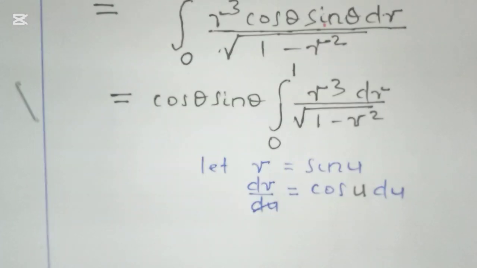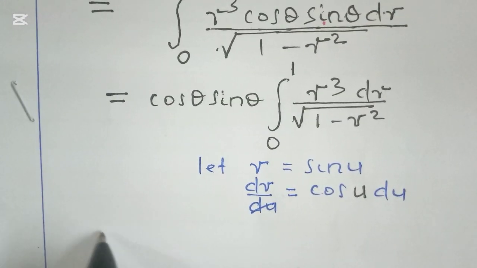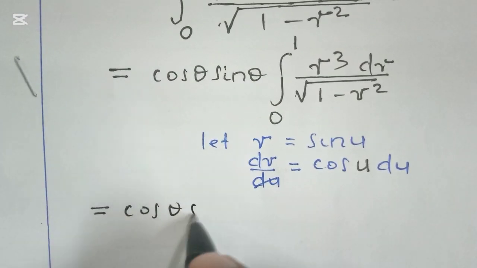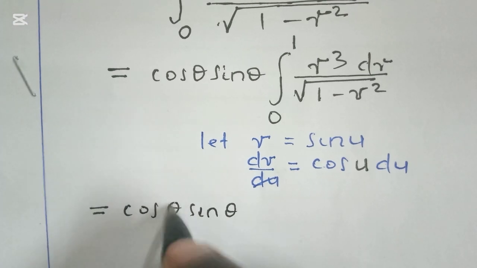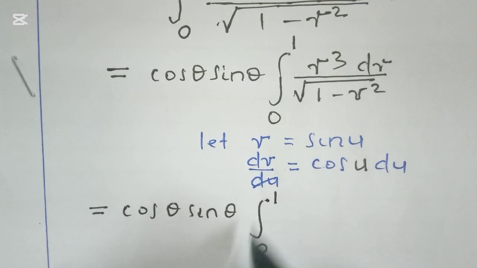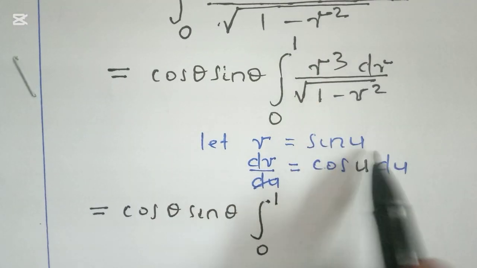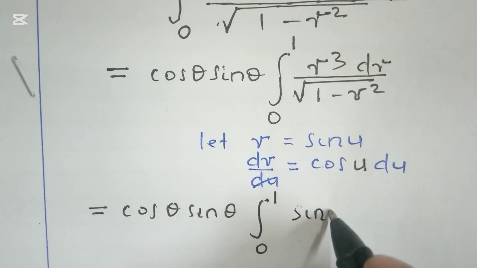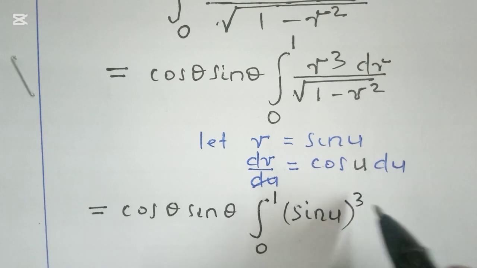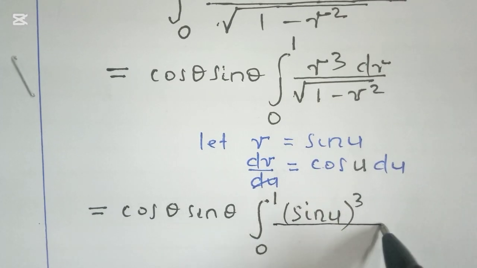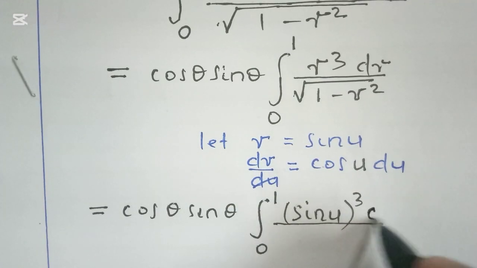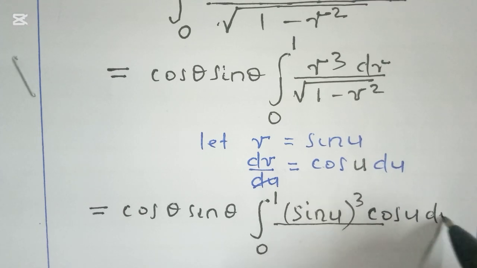Our equation is going to be cos theta sin theta times the integral from 0 to 1, where r is now sin u, cubed, all over, and we replace dr with cos u du.